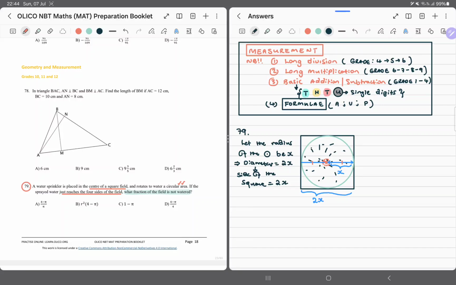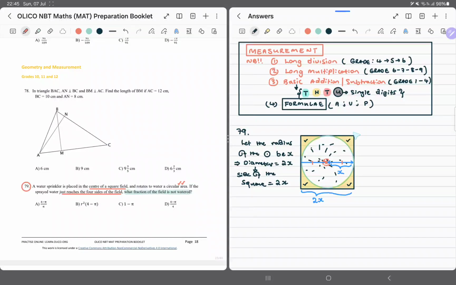And then now we need to find the area of the parts that are not essentially irrigated. So literally, the areas that will not be irrigated are these areas near the corners of the square. But it won't be easy to find the areas of those areas, right? The area of those areas. So what we need to do is to use a smart technique of elimination.